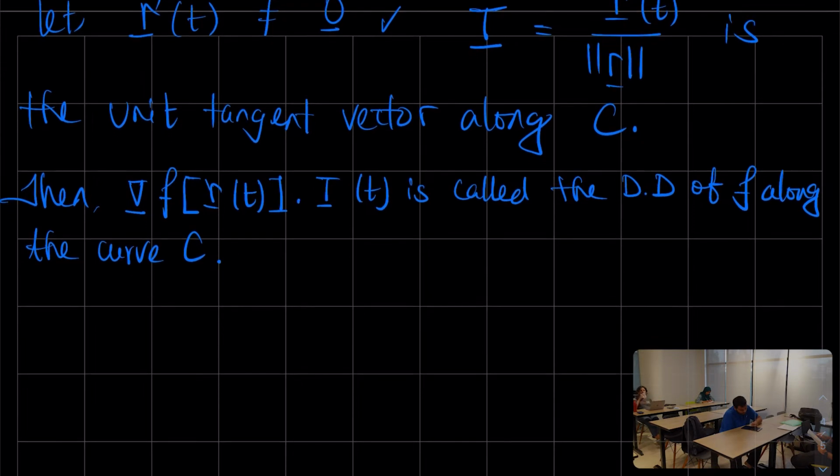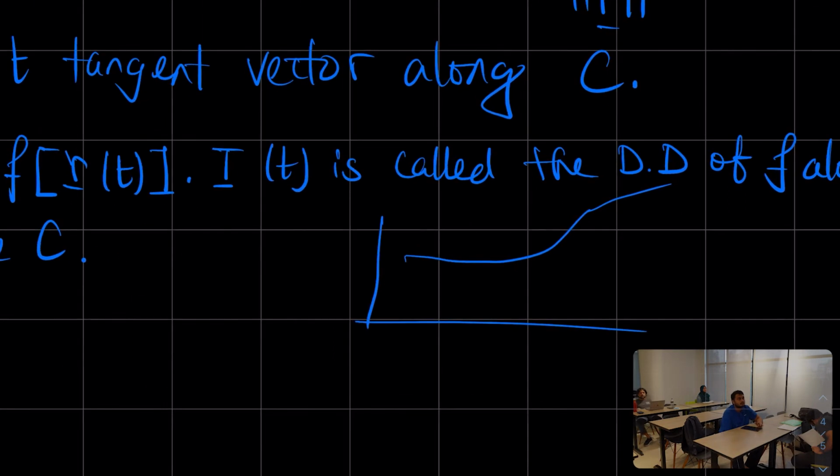Now let's do it for a plane curve. So what could be an example of a plane curve? Say there is a curve going like this. Suppose at this point, this is the tangent. So let me draw the tangent here a little bit better. So alpha, so beta.